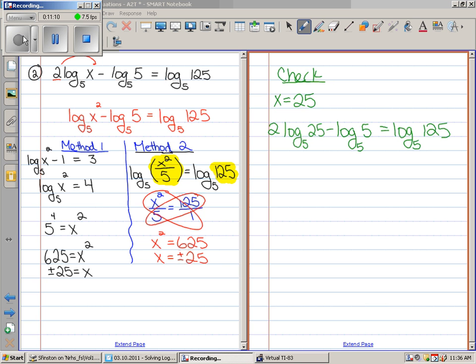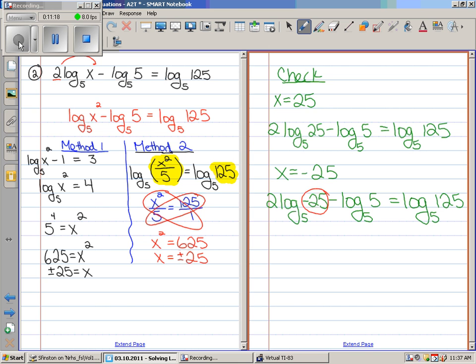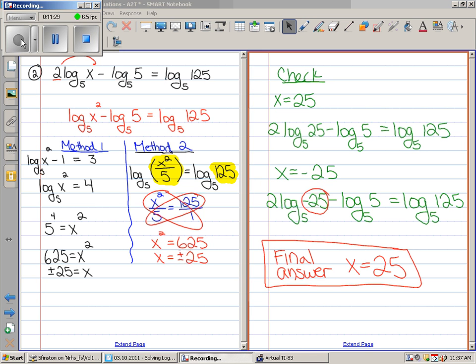This one, if you plugged into your calculator, that would work. So this one is not going to work because of this right here. So guess what your final answer is? There you go. And that's our answer. Right? Because logs cannot have negatives in the resultant spot.